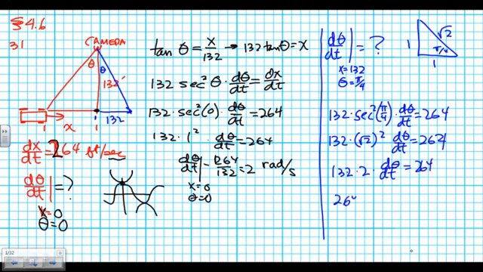That's 264 times d theta dt equals 264. I think you can see that d theta dt is going to end up with 264 divided by 264. It's going to be 1, and our unit again is radians per second. And that's the answer to our B question, the value of d theta dt a half second later.